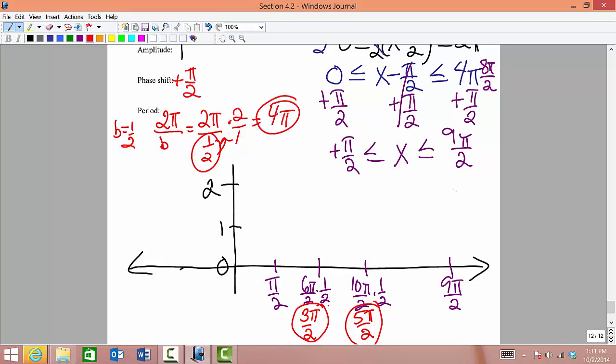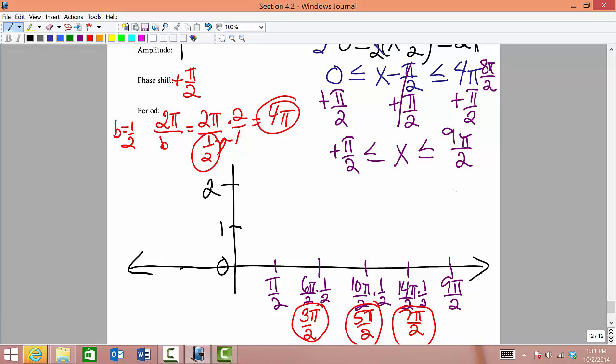We get 3 pi over 2. 5 pi over 2 plus 9 pi over 2 is 14 pi over 2. Multiply by a half. Reduce our fraction, and we get 7 pi over 2. So those are our three midpoints.